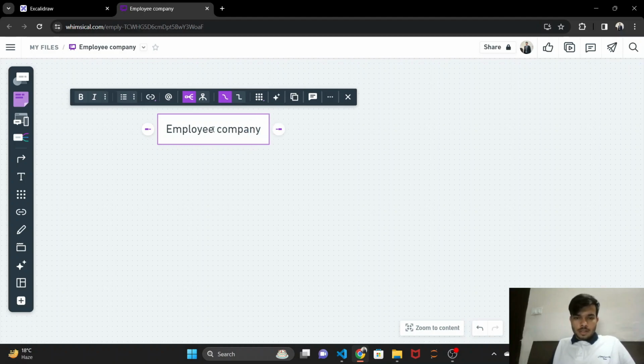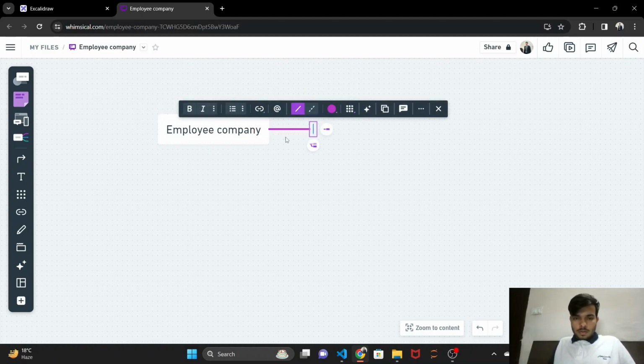So employee company is an entity, and the things related to it is company ID, which is unique. So it is a primary key. So company ID is something that is telling us more about the company. It is like explaining the characteristics of it. So it is an attribute.